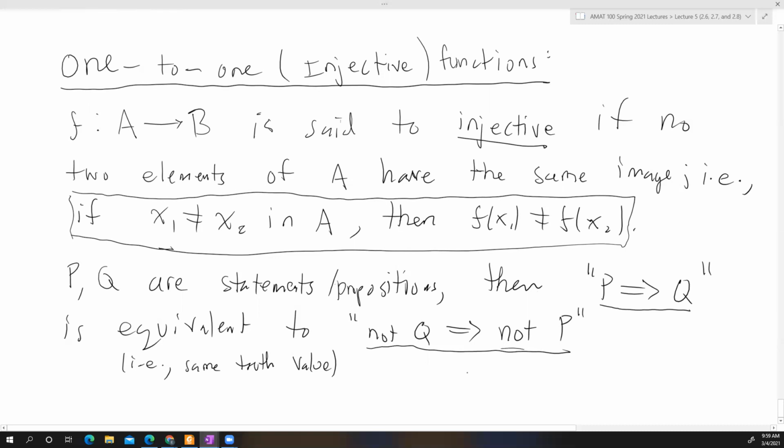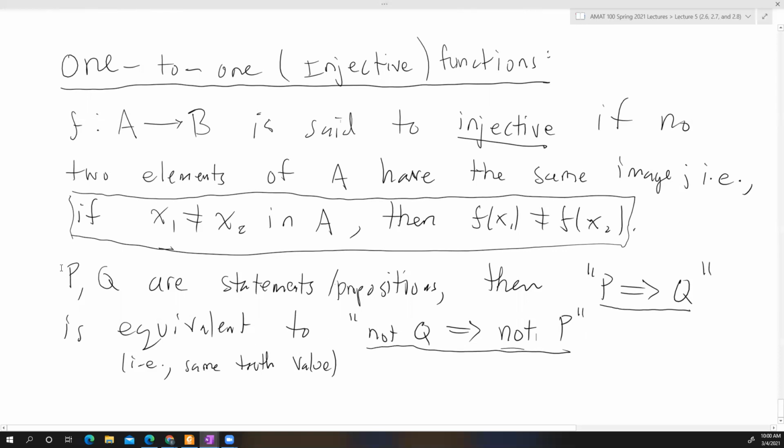Take that statement with a grain of salt, but the idea is that if P then Q is equivalent to if not Q then not P, and you can form examples to convince yourself of that. The only example I can think of is: if it is raining, then the ground is wet is equivalent to if the ground is not wet, then it is not raining.